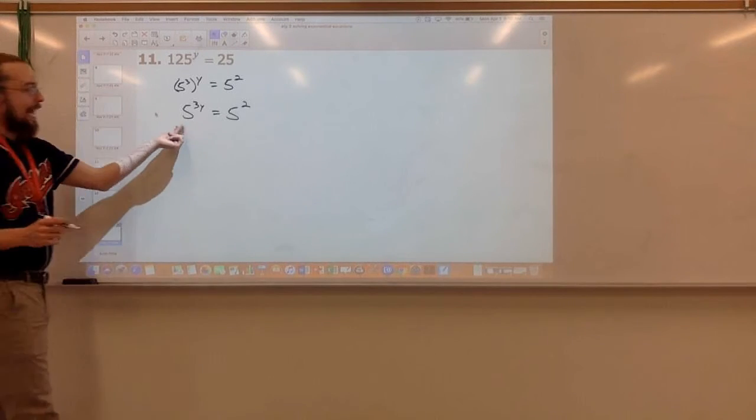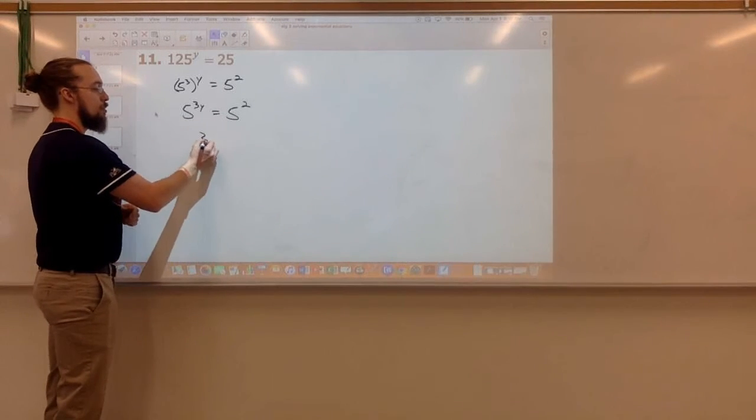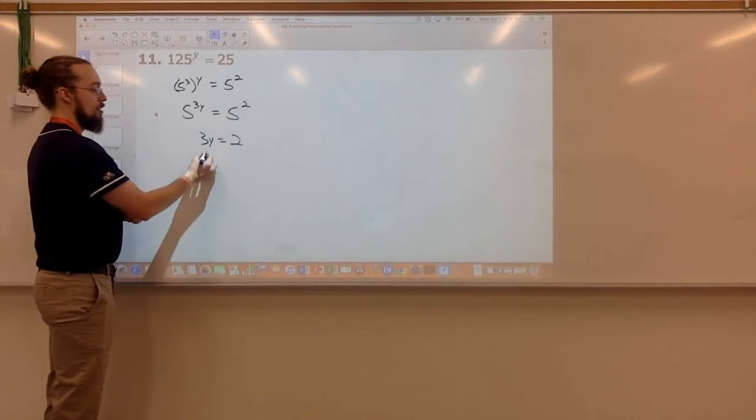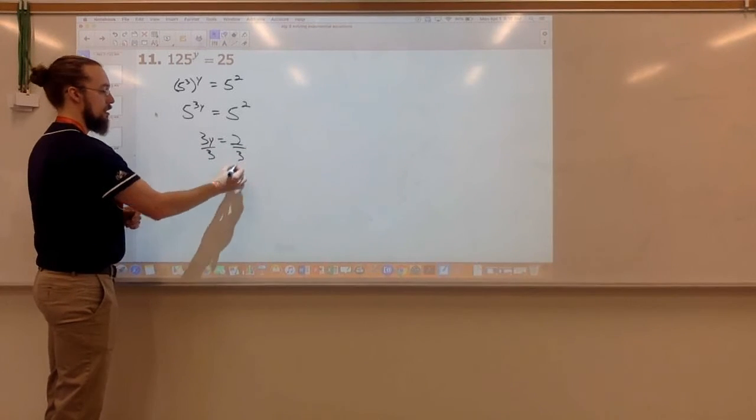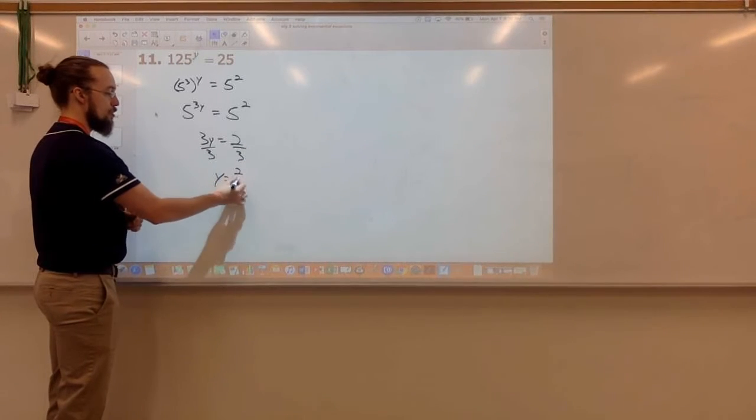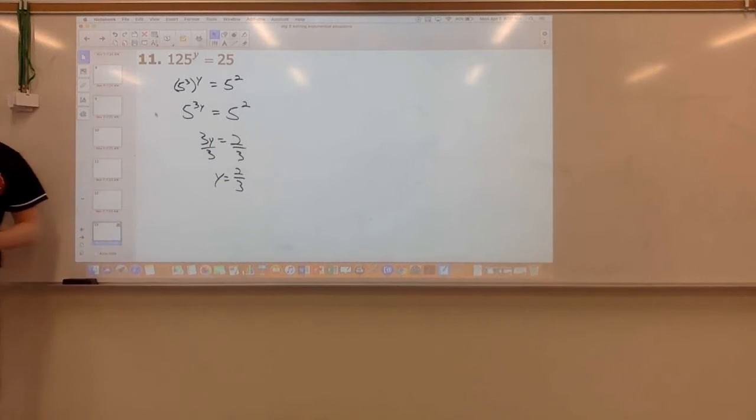So now I can just set the exponents equal, divide by 3, and we get y equals 2/3. Fractions too. Sorry.